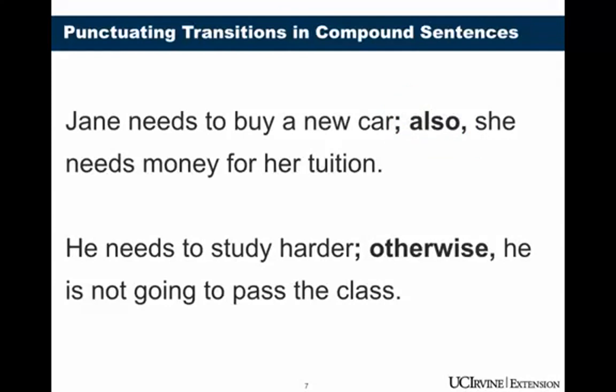He needs to study harder; otherwise, he is not going to pass the class. We used otherwise to join these two sentences, and we put the semicolon in front and the comma after. So remember that list of transition words that you can use like this. You'll punctuate them all the same with a semicolon in front of the transition and a comma after the transition.